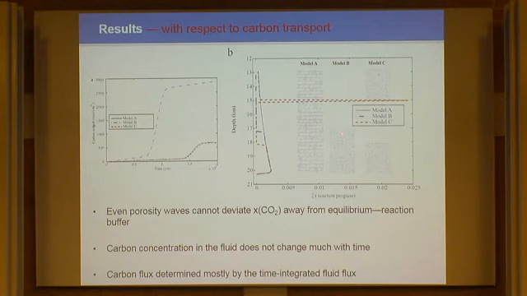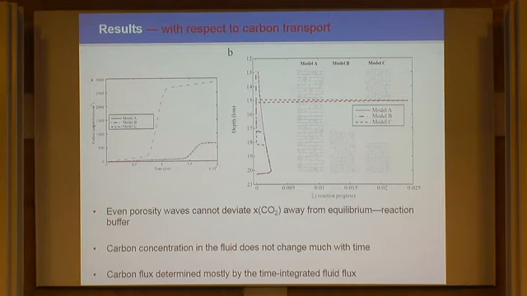value. For the two-layer cases, you can see the reaction progress forms a spike because the reaction rate is really fast due to a large deviation from chemical equilibrium. So this series of experiments confirms that even a porosity wave cannot deviate carbon dioxide from equilibrium.